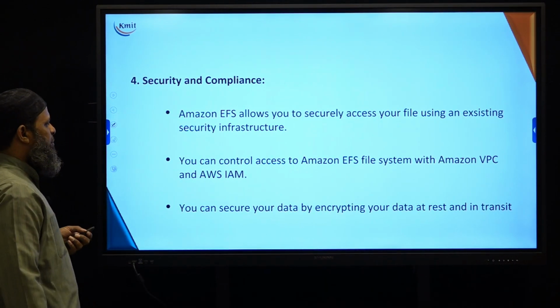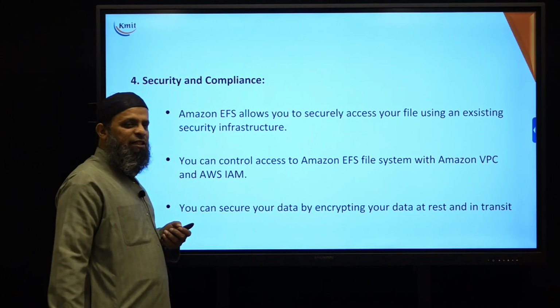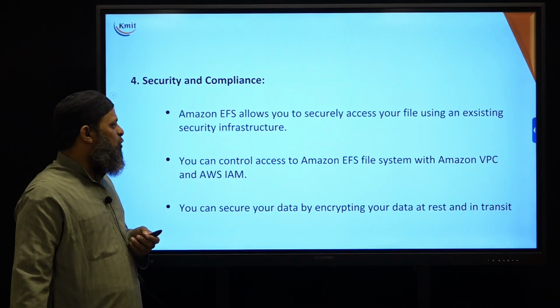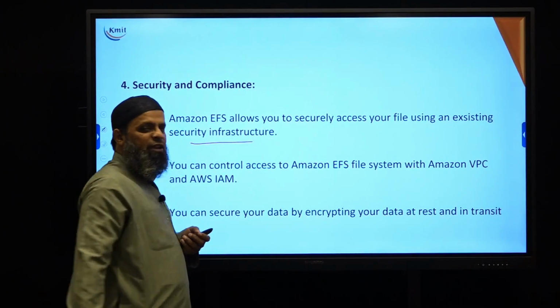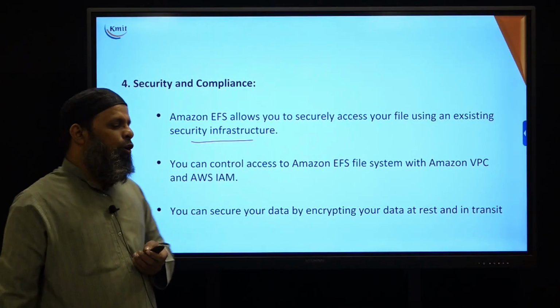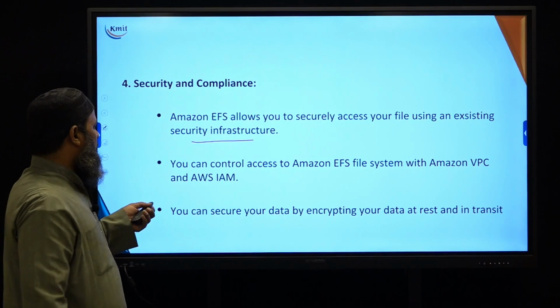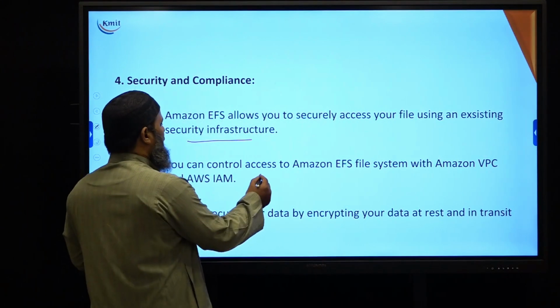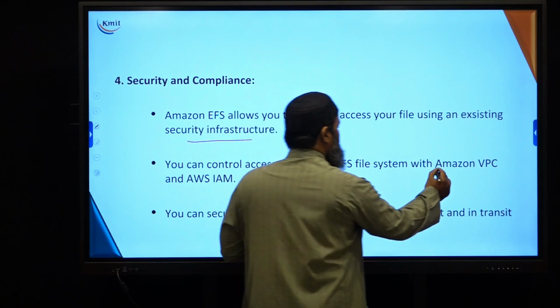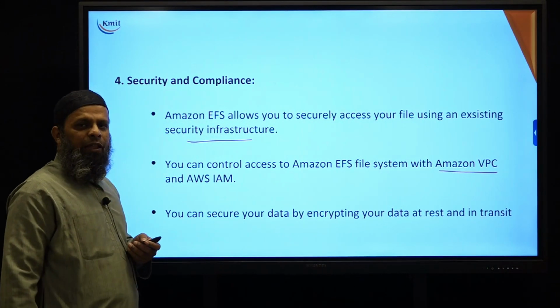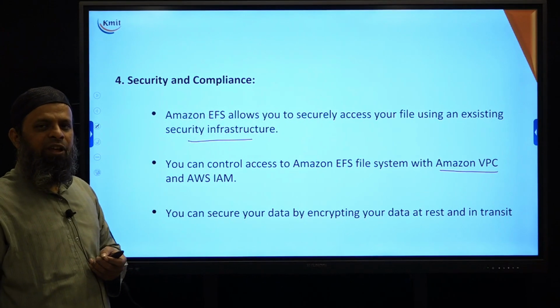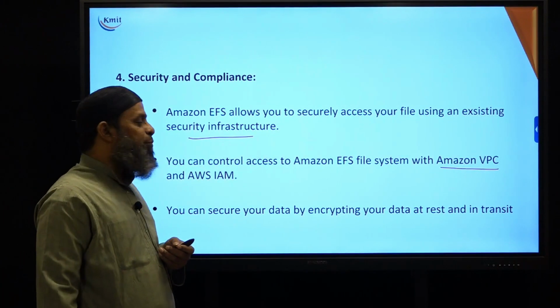And security and compliance: your files are secure, nobody can access them without your permission. Using the existing security infrastructure available in AWS, they provide security to the files. As we have seen, you can control access to the Amazon file system using Amazon VPC. In the architecture, this file system is mounted on the VPC. VPC provides the complete security.